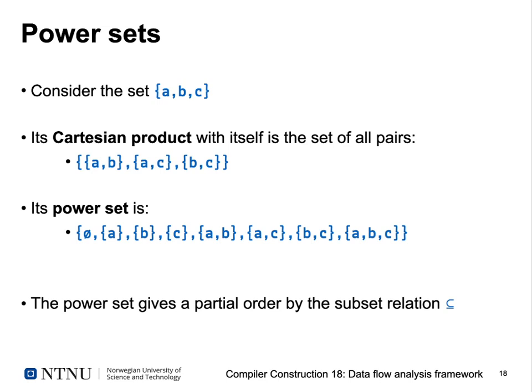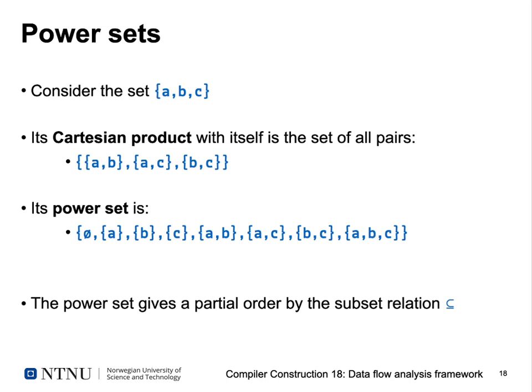And now the power set of our set here is actually the combination of zero to more of the elements of our set. So the power set would include the empty set, it would include all of our three elements as a single set element, then it would contain all the elements of the Cartesian product, and the power set would also include the combination of all three of our elements in the set.